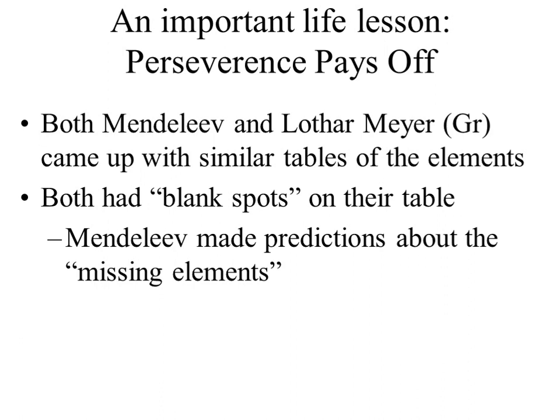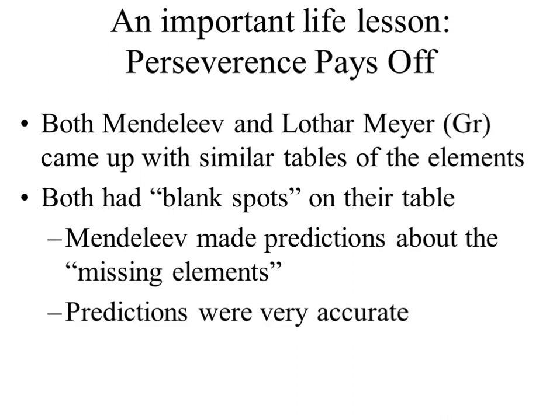What Mendeleev did, besides publishing his work before Meyer did, and hence getting credit for it, was make predictions about those missing elements. He recognized that there seemed to be a pattern set up, that elements that fell into the same column shared properties. And so by looking at the other elements that were in the same column as these missing elements, he was able to make predictions.